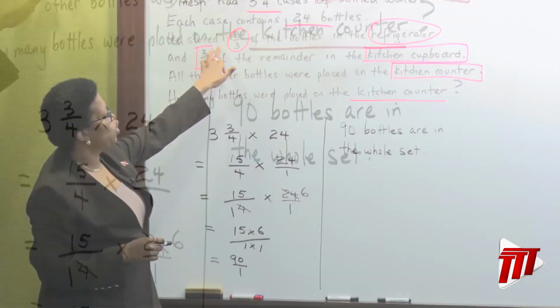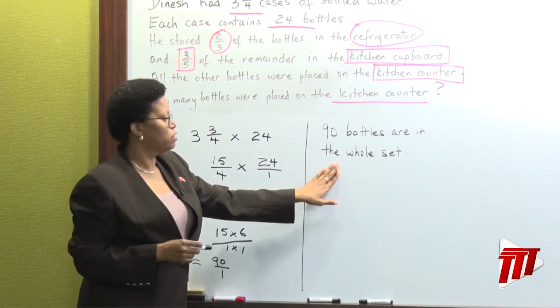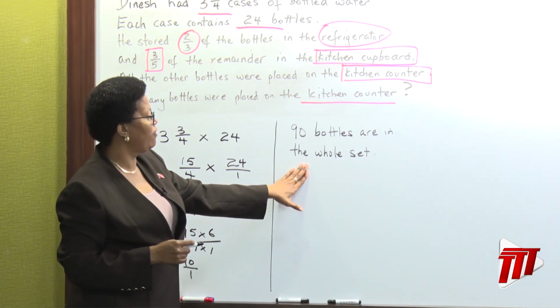Now, he stored 2/3 of the bottles in the refrigerator. We need to calculate 2/3 of 90.